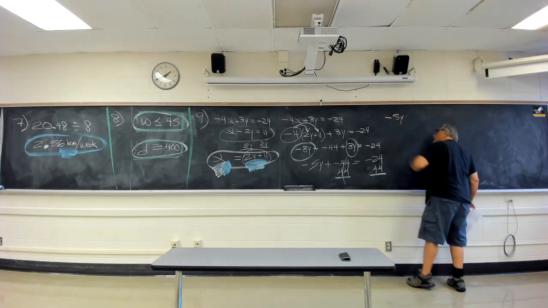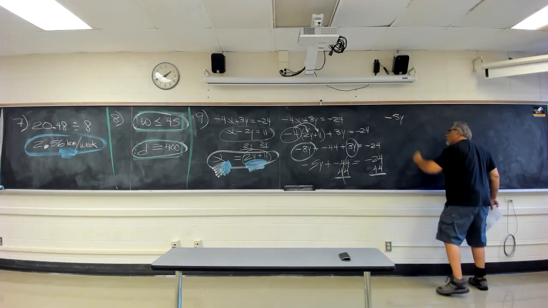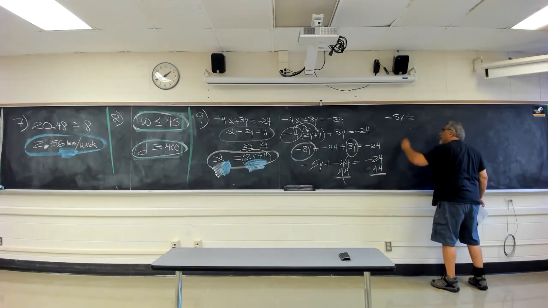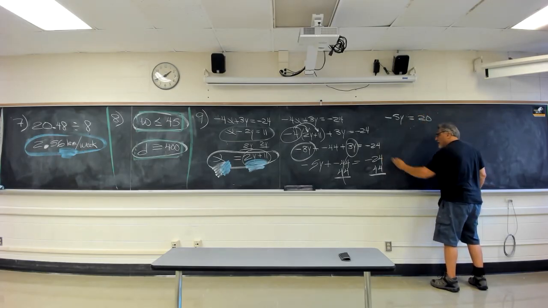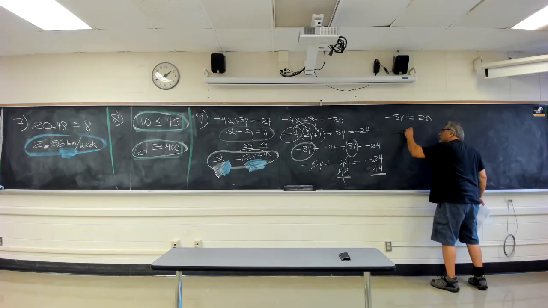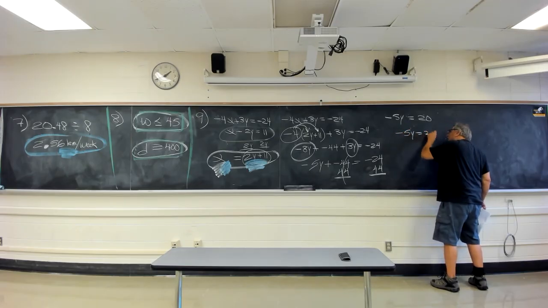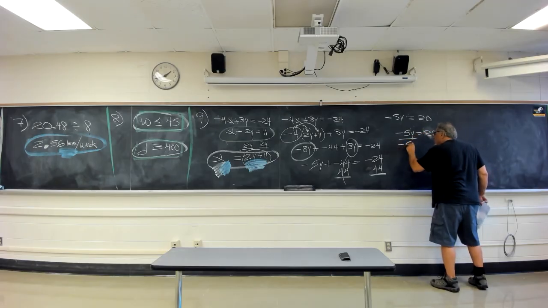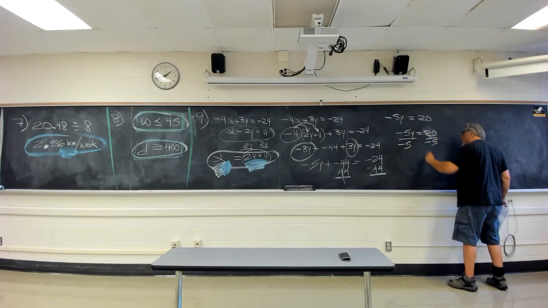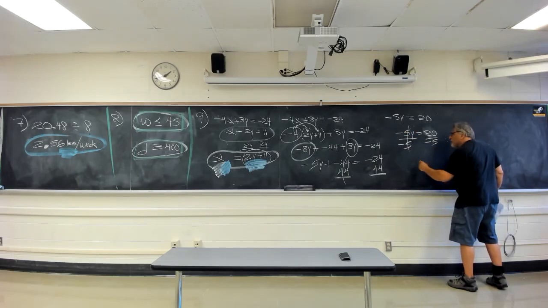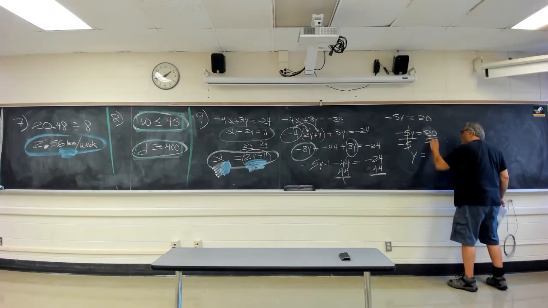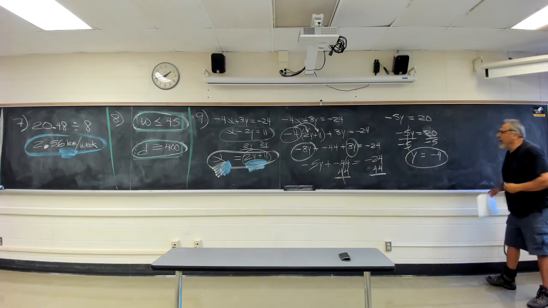You got negative 5y equals negative 24 plus 44, which is 20. Again, it's good to add, you guys. It just makes things easier. Divide by negative 5 on each side. You're always dividing by the number in front of the letter, the coefficient, they call it. 20 divided by negative 5 is negative 4. Y equals negative 4.